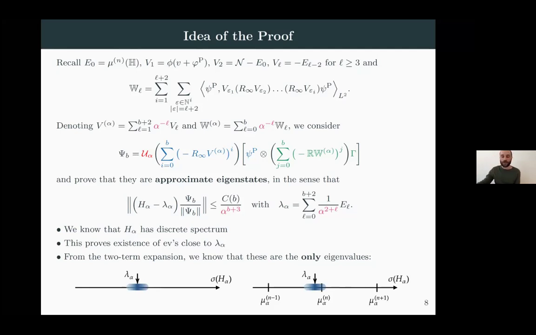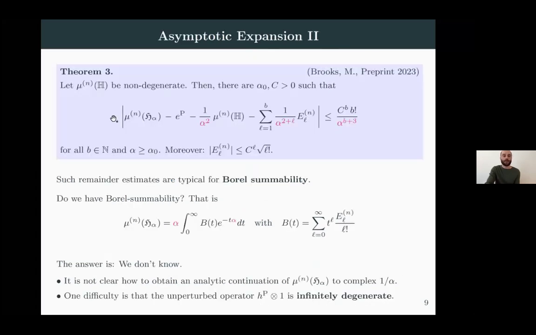So that's all I want to say about the idea of the proof. And as I said before, in the last result I want to present for the confined Polaron model, we now want to address the explicit B dependence of these constants here. To this end, we focus on the case where the eigenvalue of this quadratic operator is actually non-degenerate, which is in particular the case for the ground state energy.